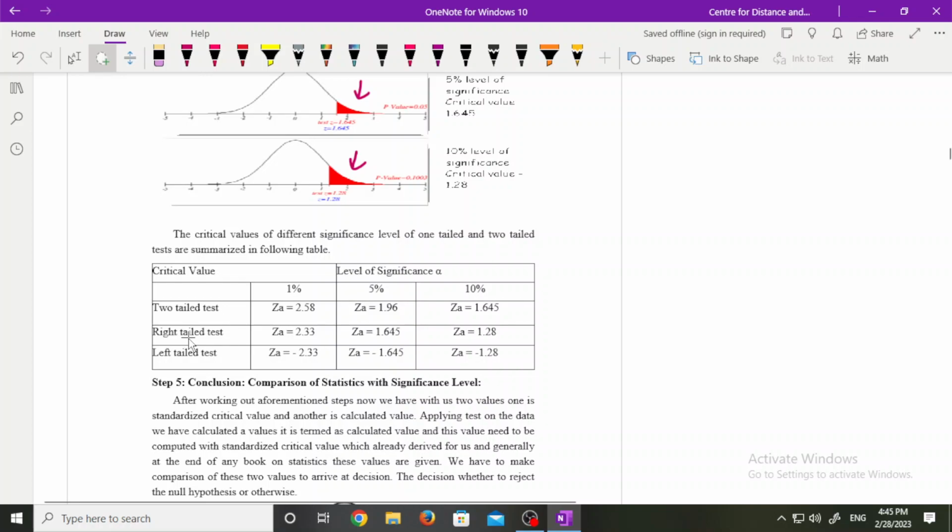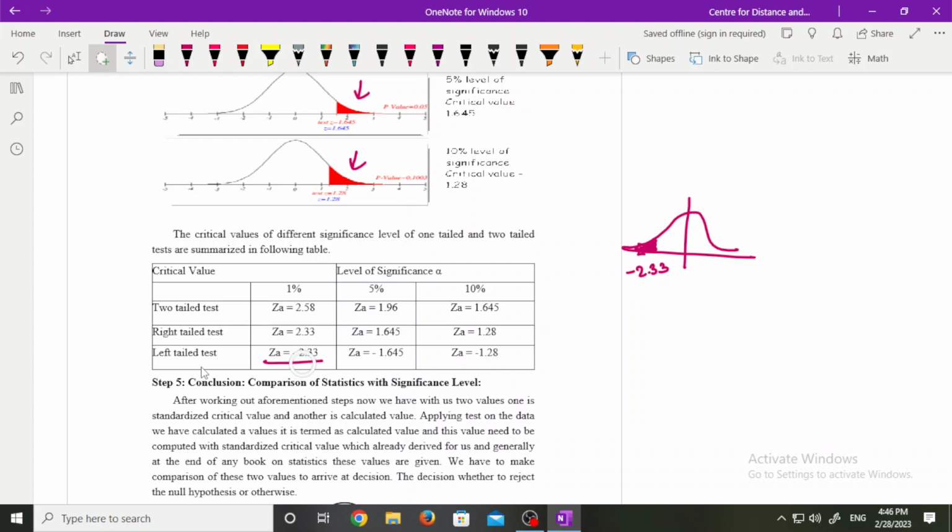For the critical value of the two tail test, at 1%, Z1 is equal to 2.58. For the right tail test, Z1 is plus 2.33. For the left tail test, Z1 is equal to minus 2.33.